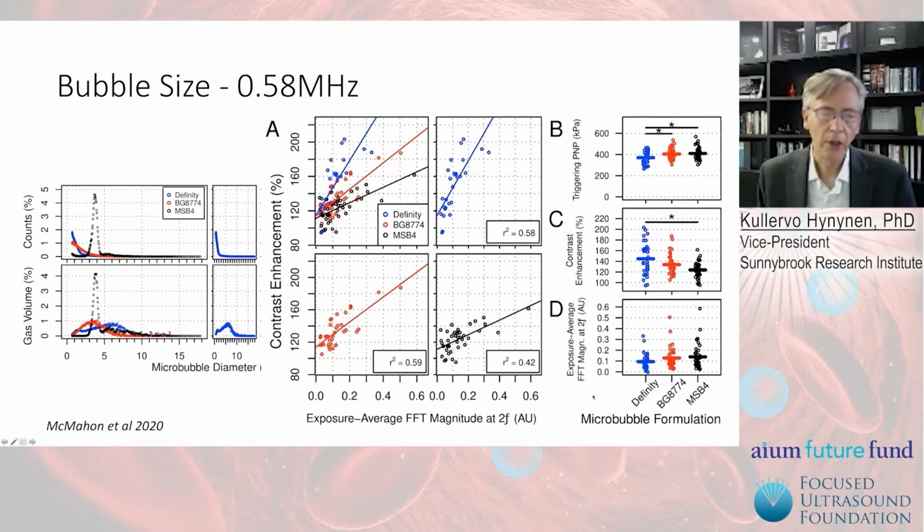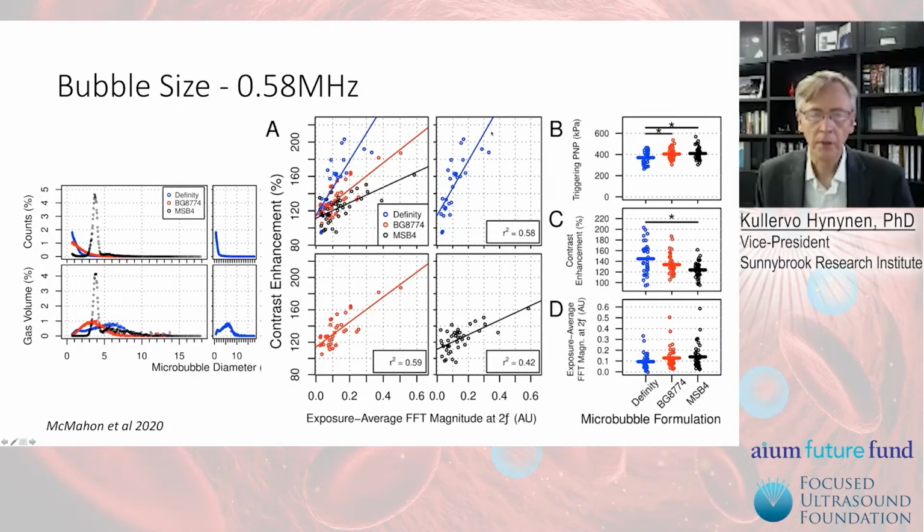So then he looked at contrast enhancement percentage and the exposure, the second harmonic emissions coming from the bubbles. And the bottom line here was that the percentage of contrast enhancement was the highest with the Definity bubbles.